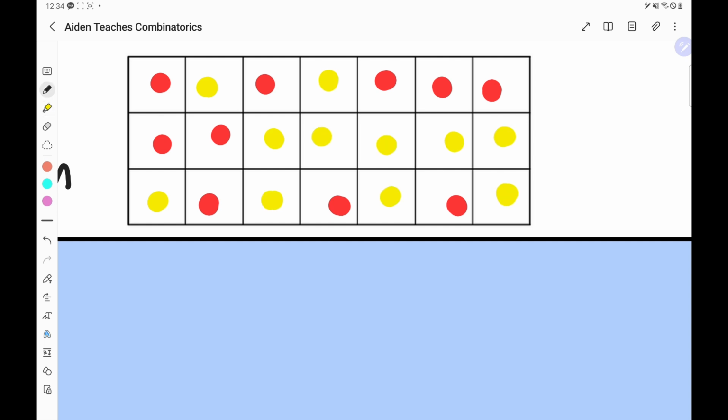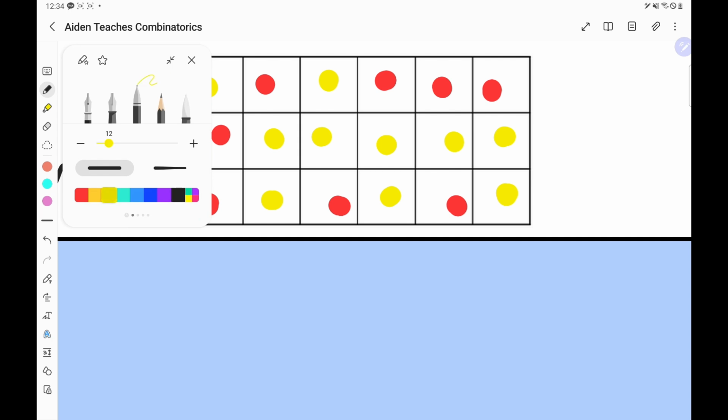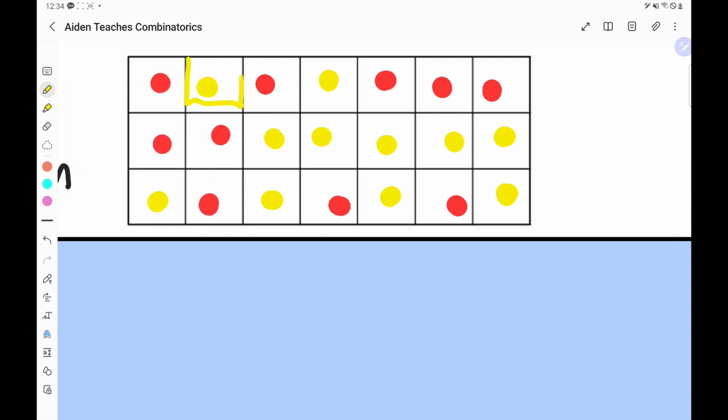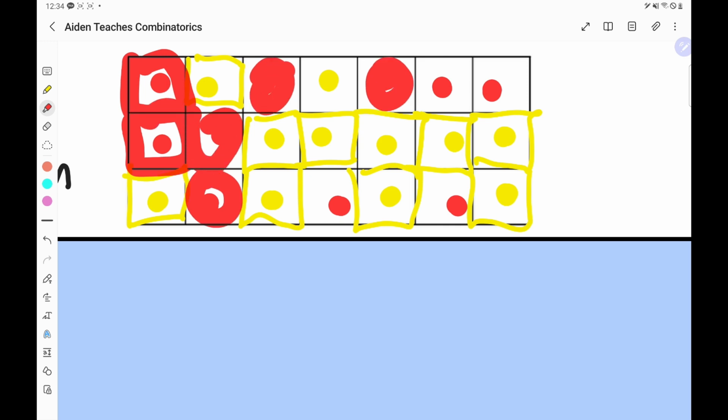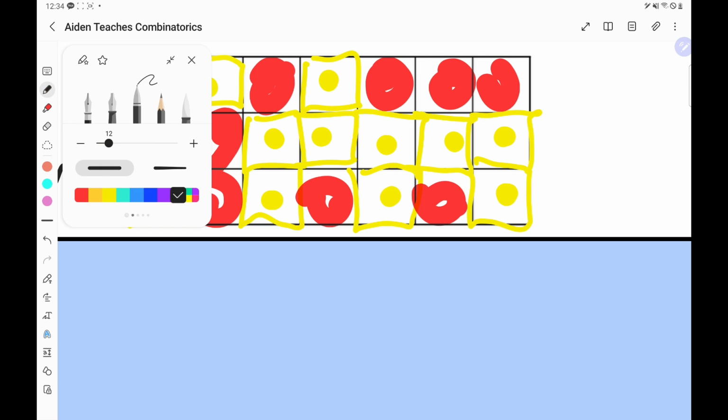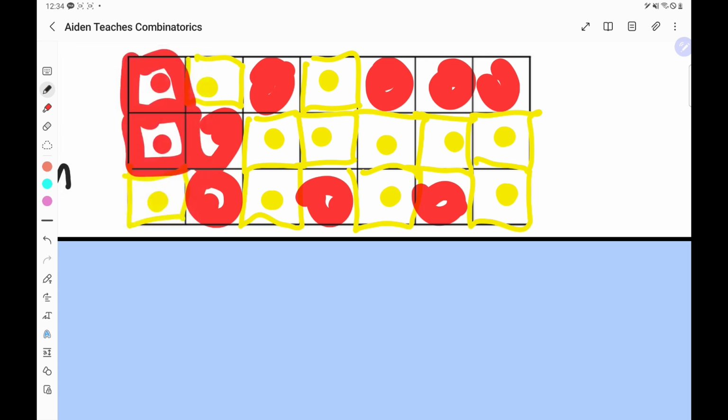What the problem wants to show you is that if we color it like this, every corner and side of it, and same for the red, we have a rectangle whose four corners are the same color. So if we go like this, now do you see a rectangle that has the same four corners of a color?